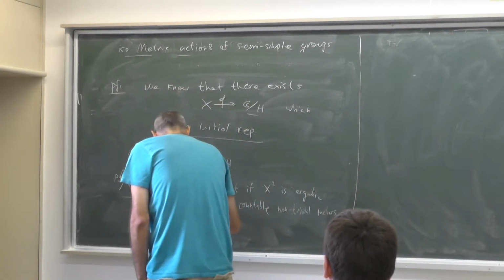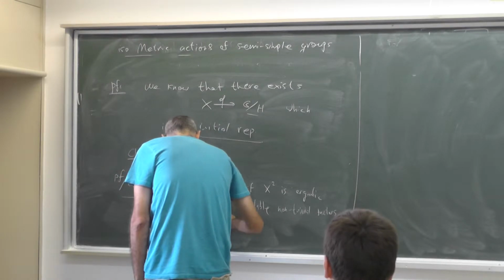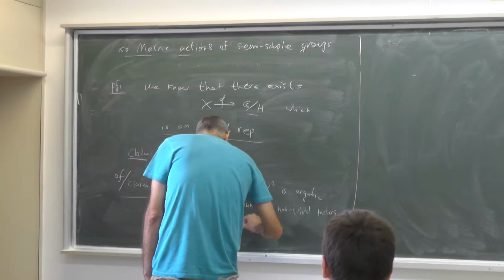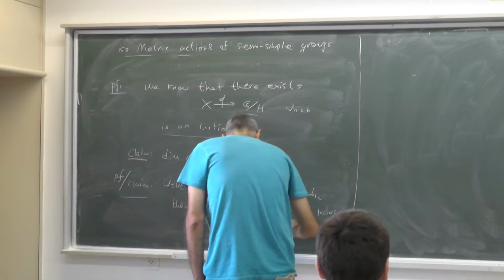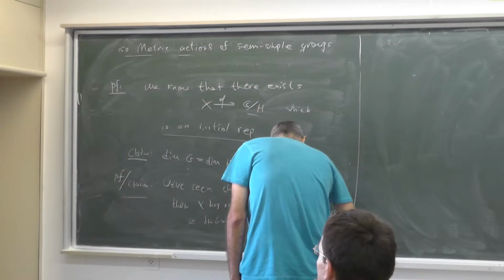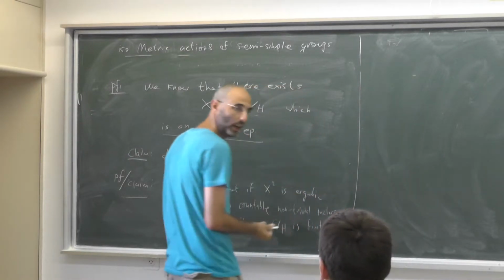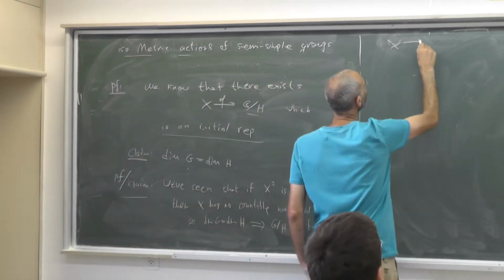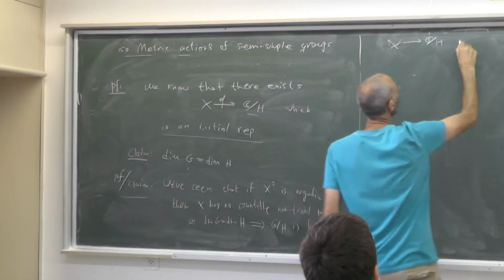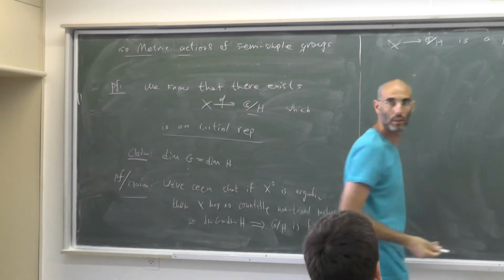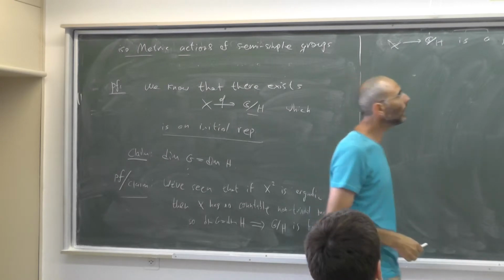So if dG equals dH, then G mod H is finite, of course. It's a zero-dimensional variety, and X goes to G mod H is a point. Must be a point, a single one.